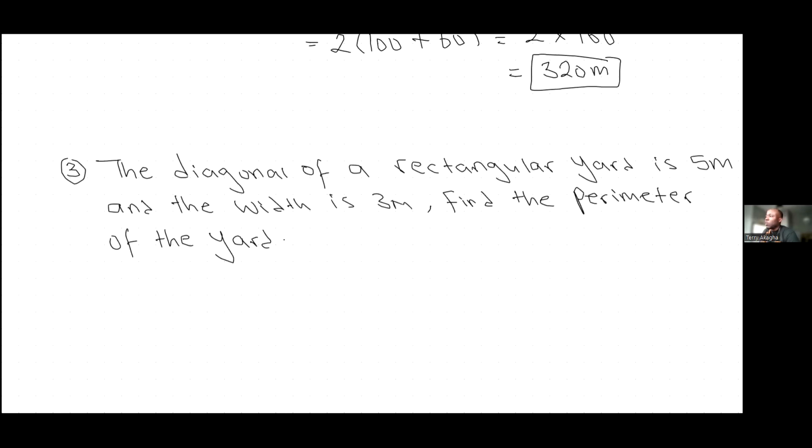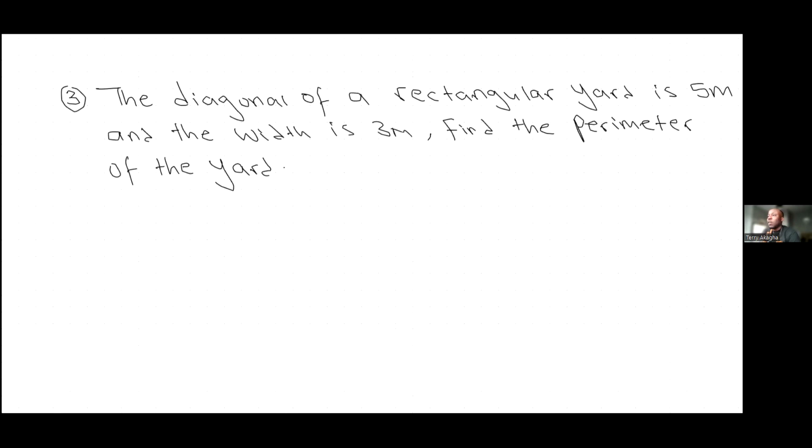So what do you do? Like I always tell students, it's usually better, if you can, to draw it so that you can visualize it. So this is a rectangular yard. We're told the width is 3, but we're not given the length. But we're given the diagonal to be 5.